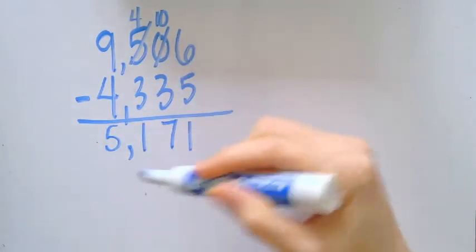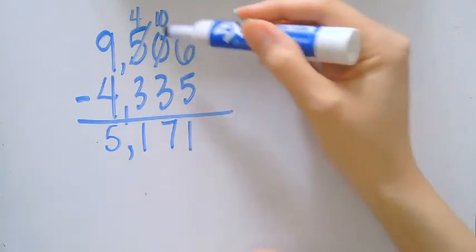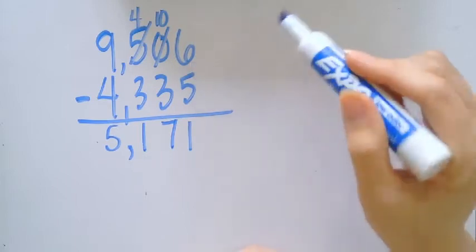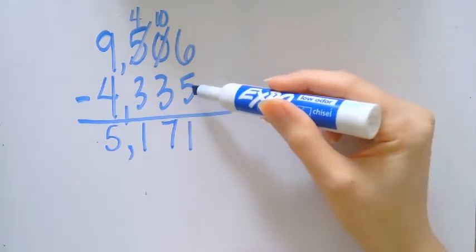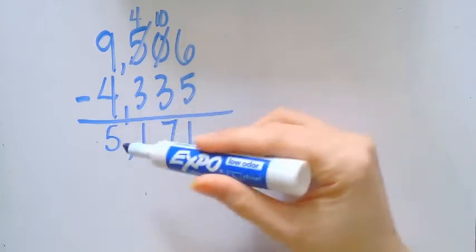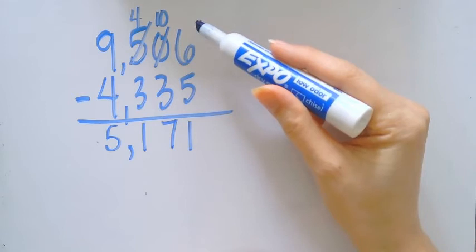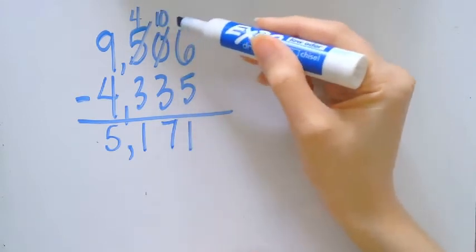When you are checking your subtraction problem, in order to check your subtraction work, you're going to add your bottom row with your answer. 5 plus 1 is 6. True. 3 plus 7 is 10.